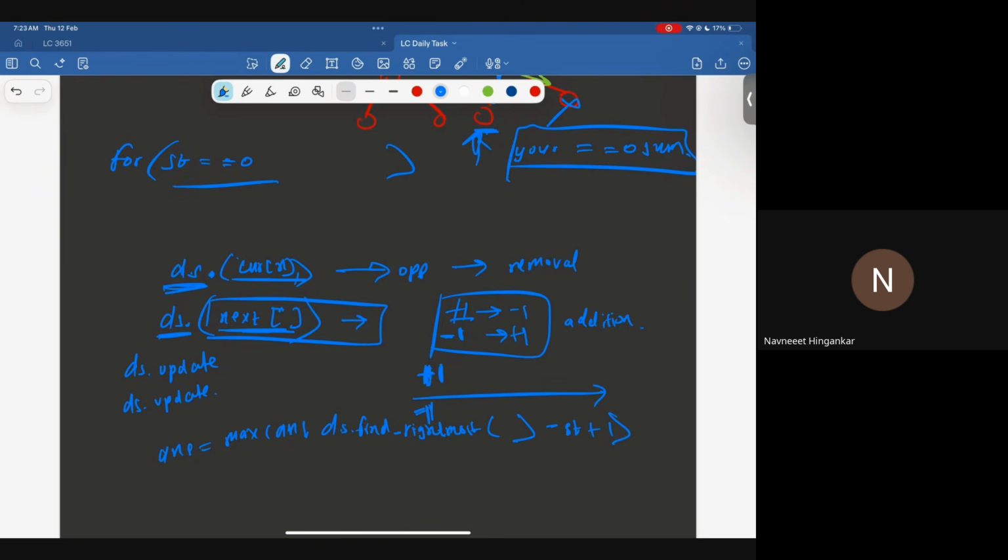So the complexity of O of n square got reduced to O of n.